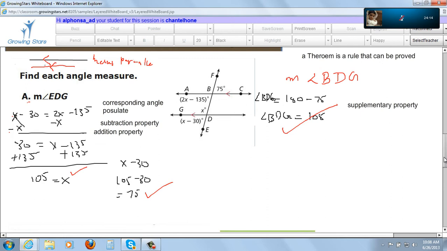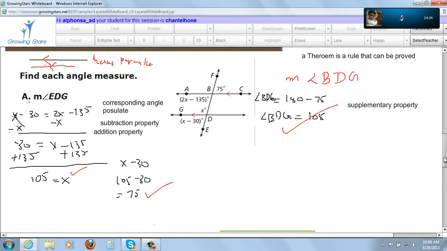And there are two sums, A and B. First one: measure of angle 4 equals 2x minus 17 and measure of angle 1 equals 85.